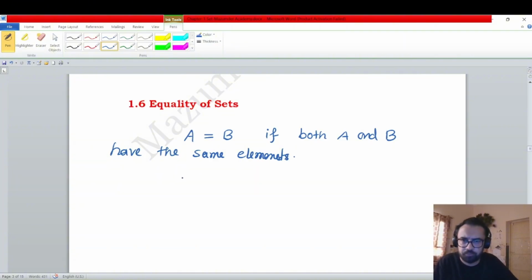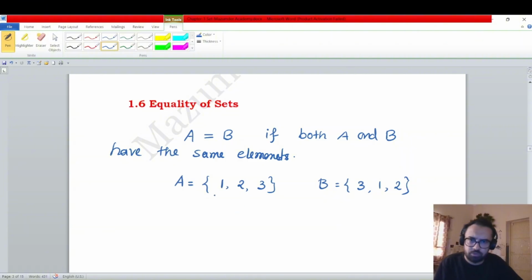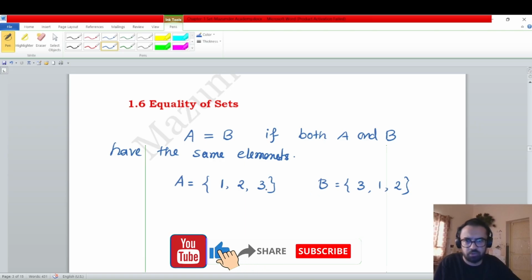For example, say A equal to {1, 2, 3} and B equal to {3, 1, 2}. So here you can see 1 inside A, 1 inside B, 2 inside A, 2 inside B, 3 inside A, 3 inside B, and there are no more elements available inside either of them. Therefore, A and B are equal.